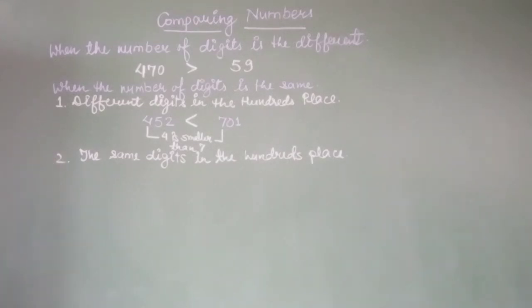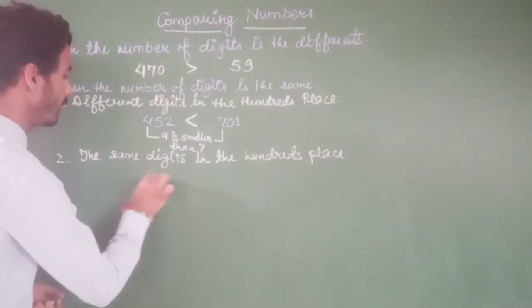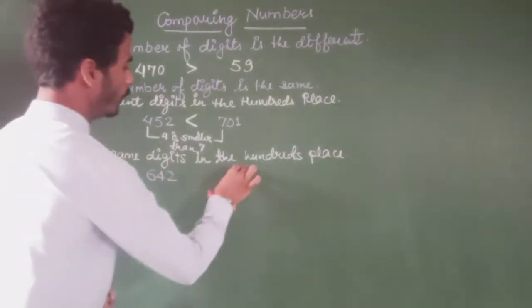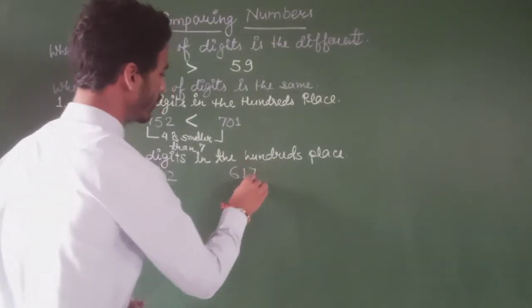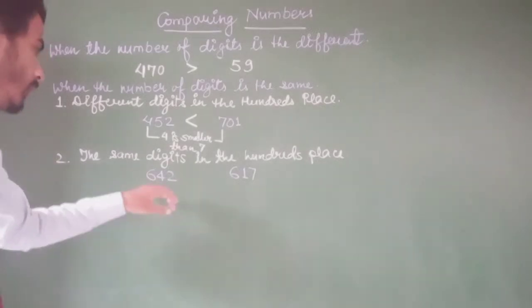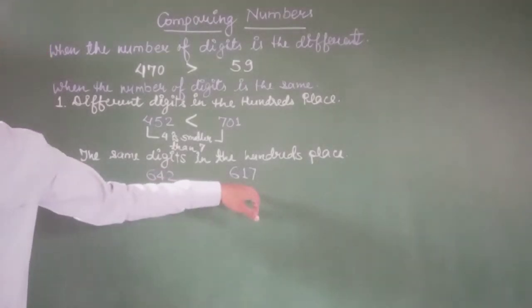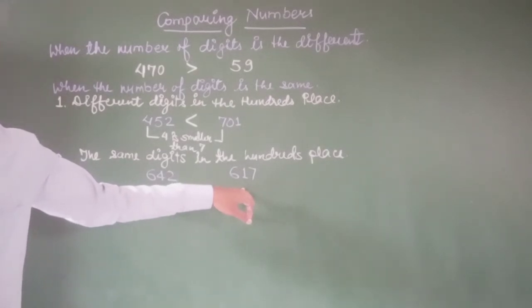The number of words written by Shohan is 642 and the number of words written by Mohan is 617.